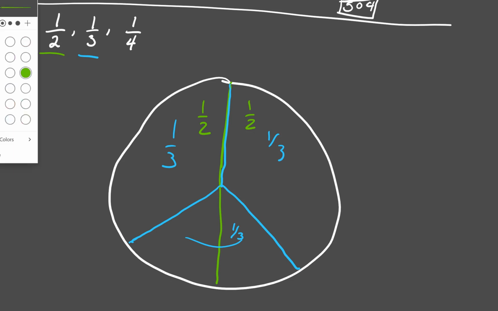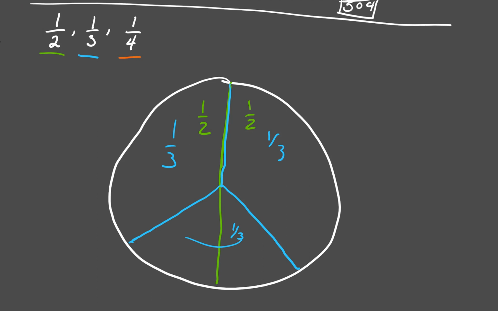And then if I want fourths, let's go orange. For fourths, I'm just going to split straight across and straight down again. So I get fourths. 1/4, 1/4, 1/4, 1/4.